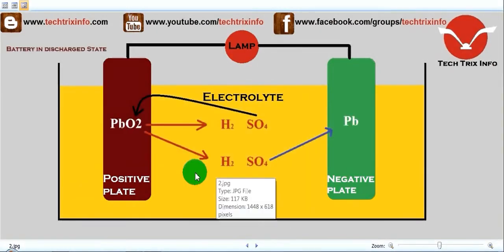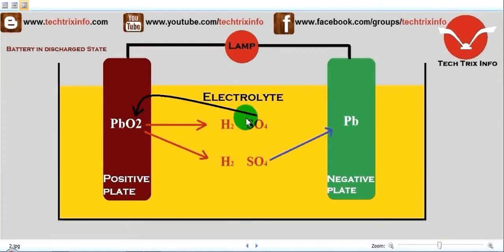So let's see what's happening chemically inside a lead acid battery while the battery is getting discharged, or while we are taking the power from the battery. So what's happening? As I told, the electrolyte is H2SO4.